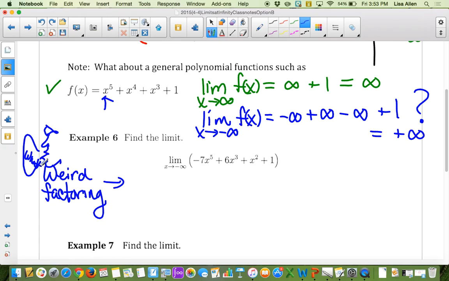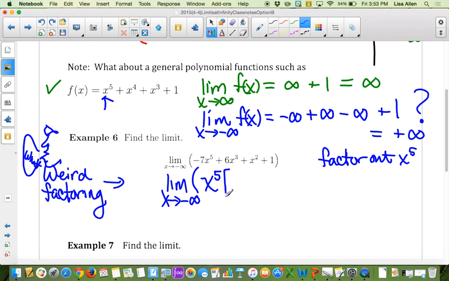Okay, so we'll take the limit then as x approaches negative infinity, and we're going to factor out the highest power. Factor out x to the fifth. Generally the response is, you can't do that. Sure you can. So let's factor out an x to the fifth. x to the fifth, and I'm going to put up a bracket.